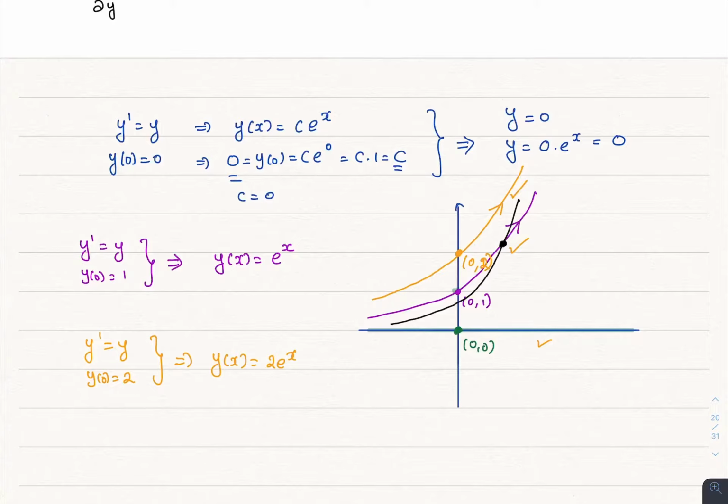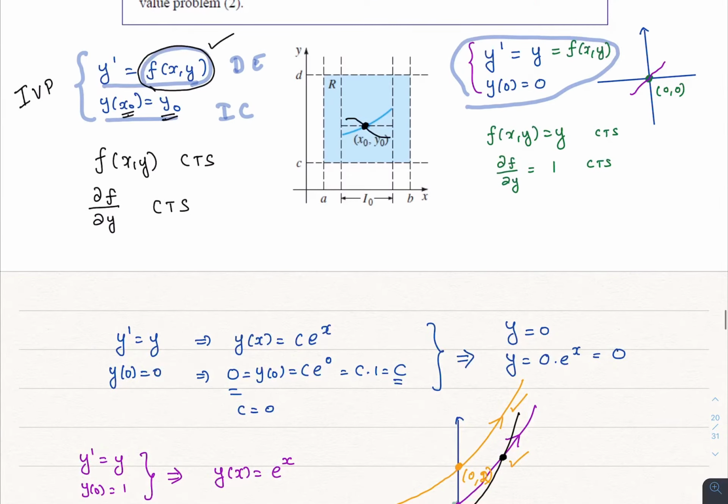The answer is it depends, but in this particular one, I can say no. The reason it's a no is, we can state, since this function right here is continuous in the entire real line, and since the partial derivative is continuous in the entire real line, this initial value problem satisfies Picard's theorem in the entire real line, therefore the entire real plane.